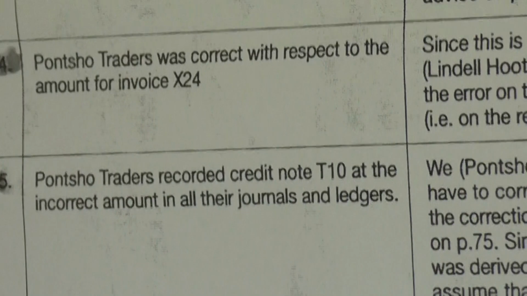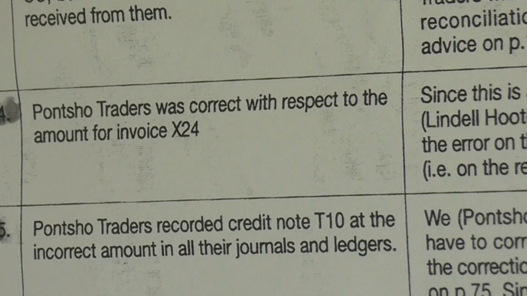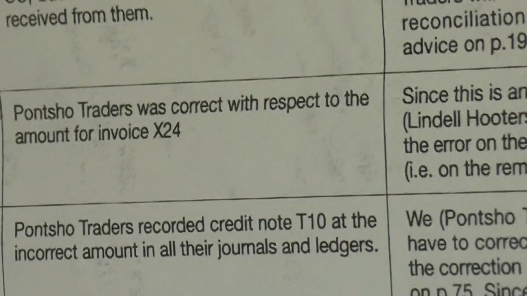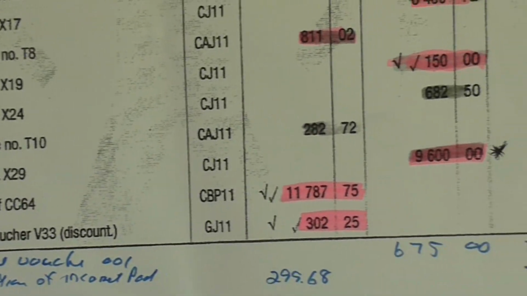And it says, Poncho Traders was correct with respect to the amount of invoice X24. Okay. For a change, we were right with something. All right. So Poncho Traders was correct with respect to the amount of invoice X24. So we were correct. So let's go see if we can find invoice X24. There we go.